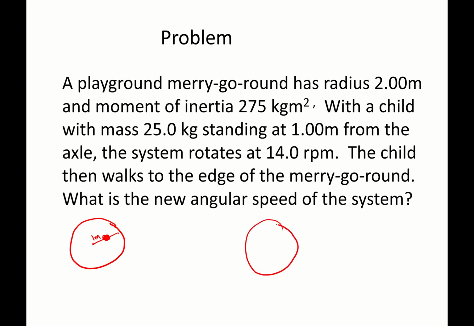Then your final condition, you're going to have the merry-go-round, but now the kid is 2 meters from the center. So you need to find the moment of inertia for initial and final, and then calculate what's the new angular speed of the system. And so think about it. Would you expect it to speed up or to slow down?